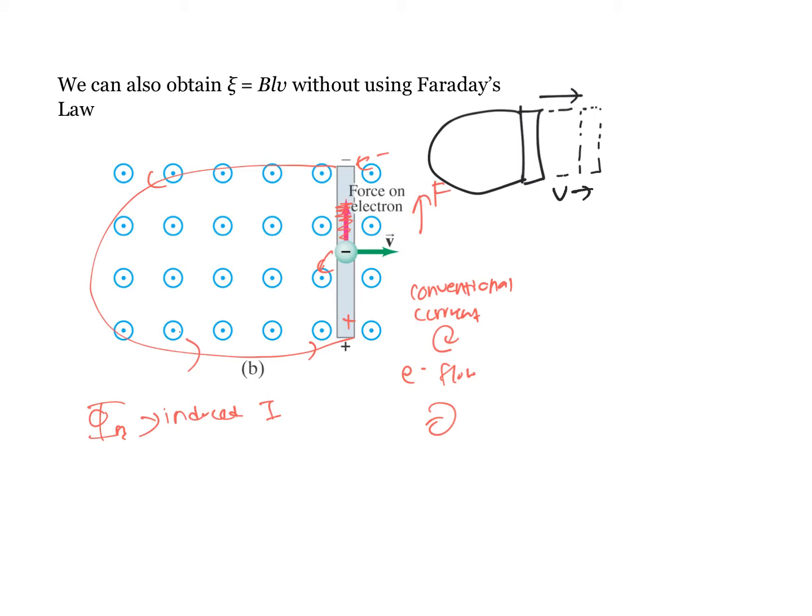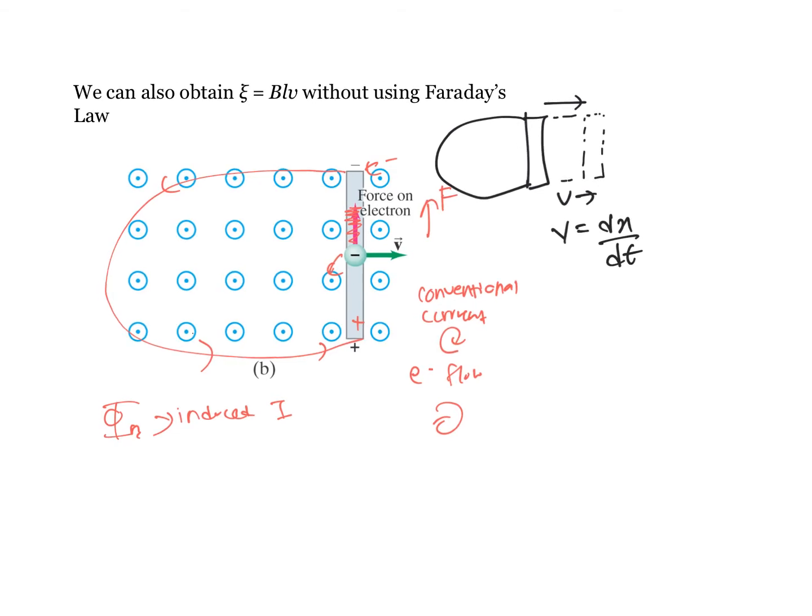From here we get v equals dx over dt. So the rod is going to move with a velocity, which is some distance over time.